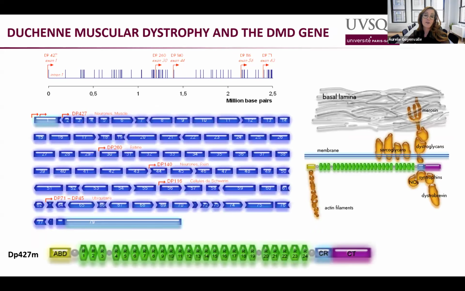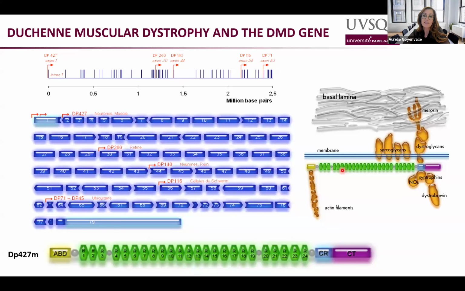So, as you know, Duchenne muscular dystrophy is caused by mutation in the dystrophin gene, also called the DMD gene. This is the largest human gene, and it's spread over 2.5 million base pair. And it encodes various isoforms of dystrophin that are represented here with the red arrows. The most commonly known is the full-length muscular isoform, which is also called DP427 for its molecular weight.